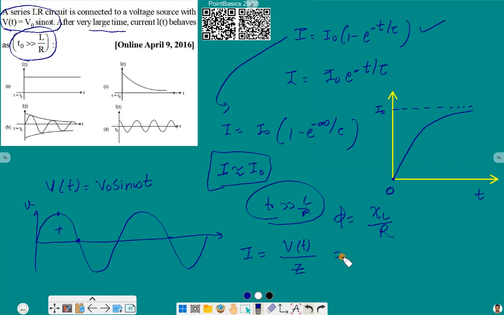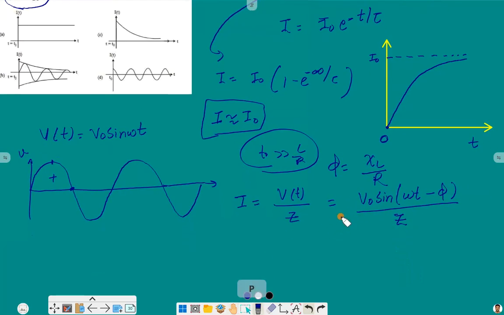Suppose impedance is Z, so it will be V node sine omega t minus phi, where phi is the angle by which current is lagging behind. And we can write it like I node sine omega t minus phi.